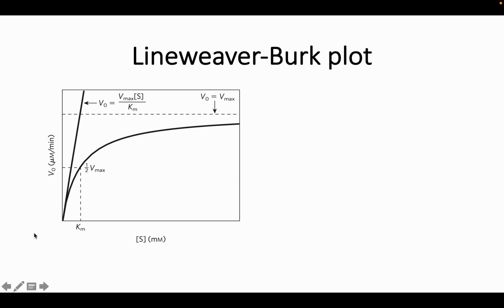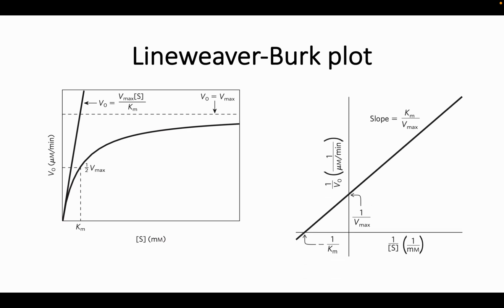It is very difficult to plot a hyperbolic curve for enzyme kinetics. So in order to convert this into a linear plot, we can use a Lineweaver-Burk plot. The Lineweaver-Burk plot is nothing but the reciprocal of the Michaelis-Menten equation, which gives a linear equation like this.